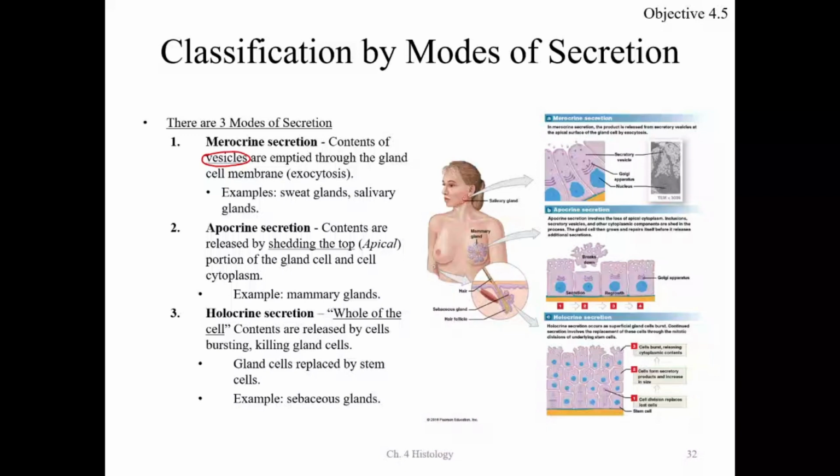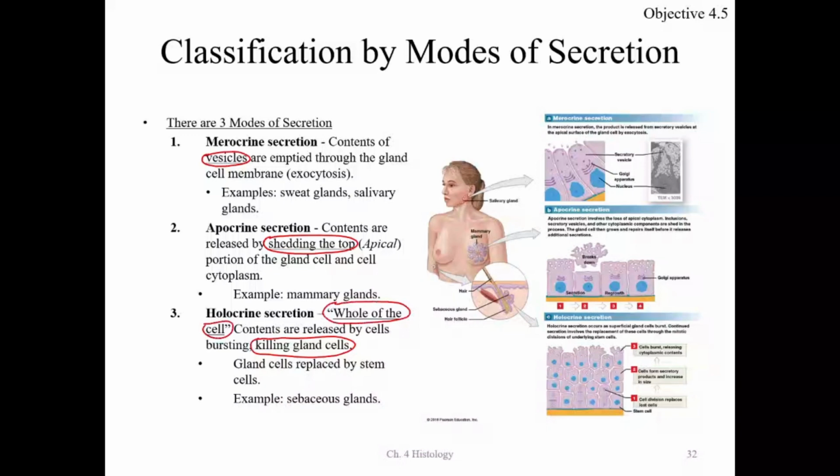Apocrine, we shed the top. The contents are released by shedding the apical portion of the gland cells. Holocrine, we kill the gland cell, so the whole cell dies.